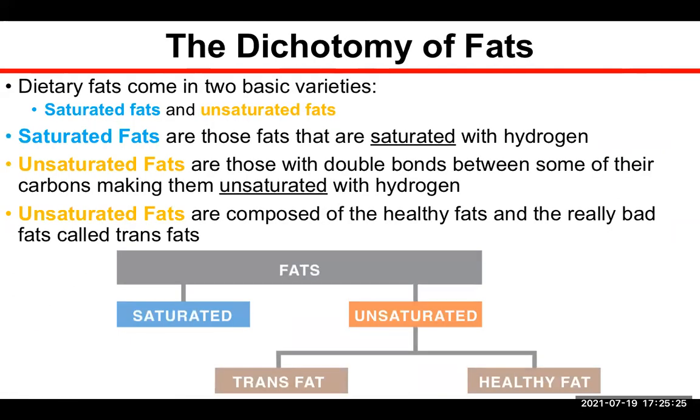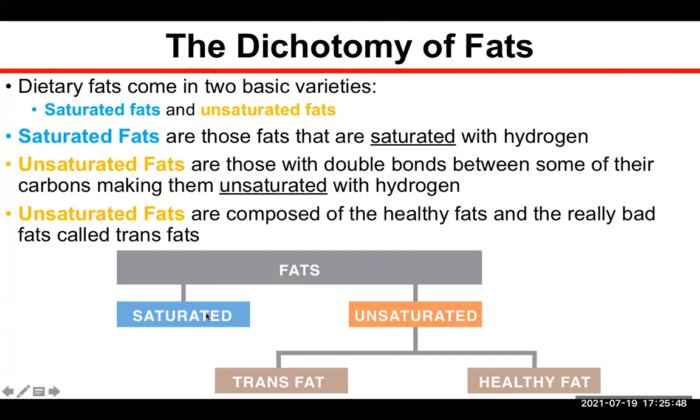So we have to look at the different kinds of fats that can exist in our diet. The 2 main kinds we usually associate, at least on the back of food labels, are saturated and unsaturated fats. Saturated fats are those that are saturated with hydrogen.